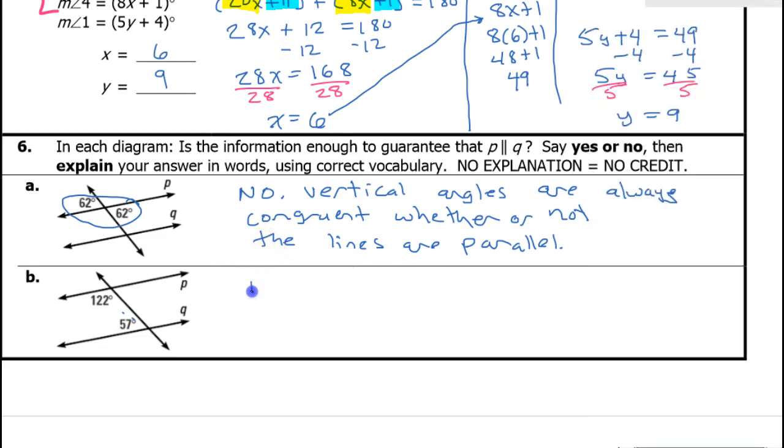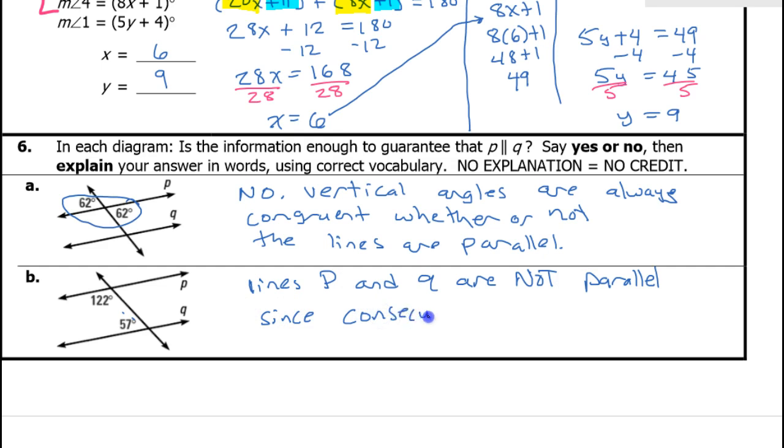So that means lines P and Q are not parallel, since consecutive interior angles are not supplementary.